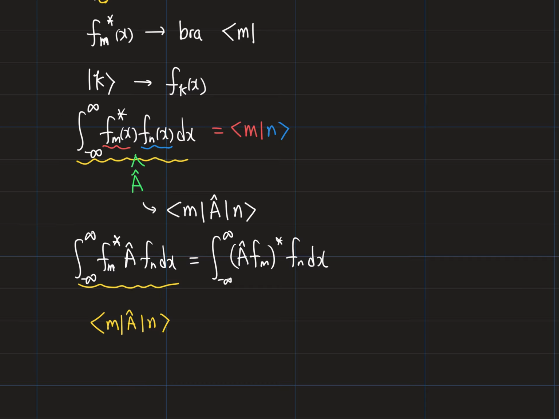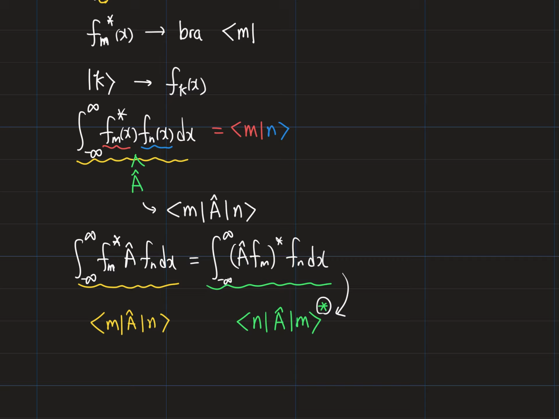And the right-hand side, this is just like ⟨n|A|m⟩ complex conjugate. So you might think this is not quite straightforward from the integral expression to the Dirac notation. But let's think about this complex conjugate.